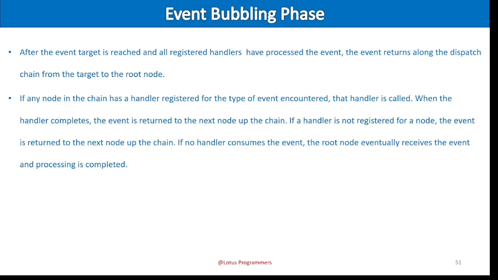The next phase is the event bubbling phase. In the event bubbling phase, after all registered handlers have processed the event, the event returns along the dispatch chain from the target node to the root node. If any node in the chain has a handler registered for the type of the event, that handler is called.